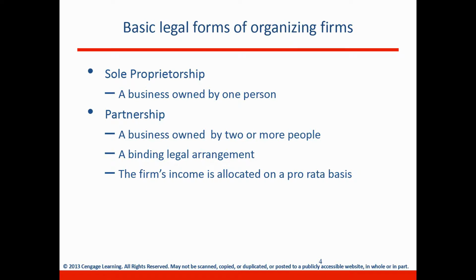So when the company makes money, the profit will be distributed according to the shares or the equity of each owner. If you have 50% of the company's equity, you get half of the profit. If you have 30% of the company's equity, you get 30% of the profit.